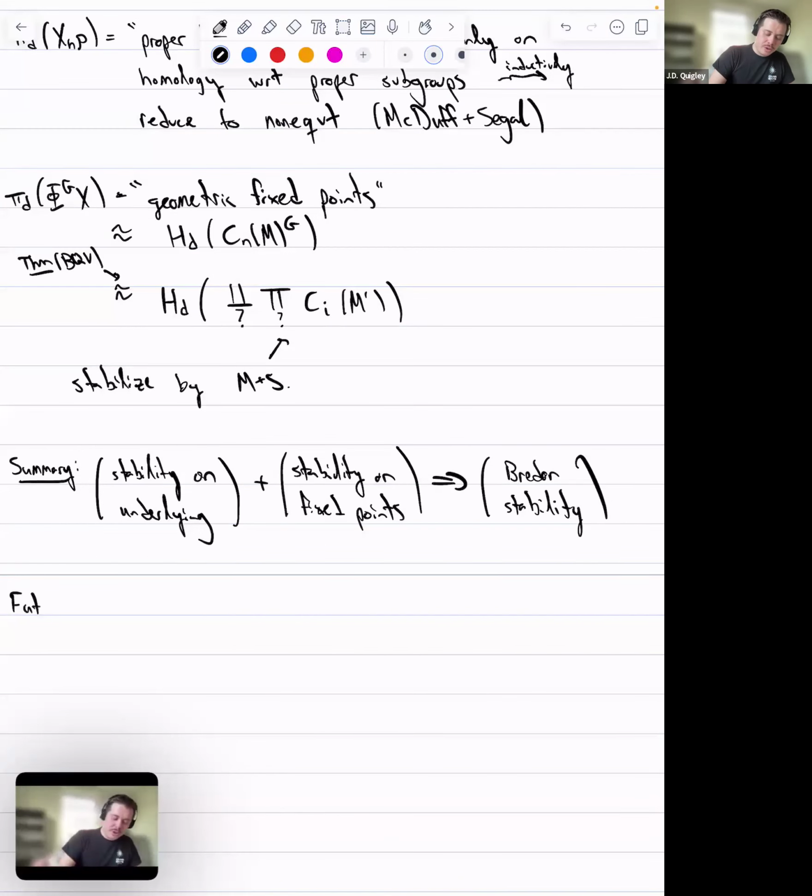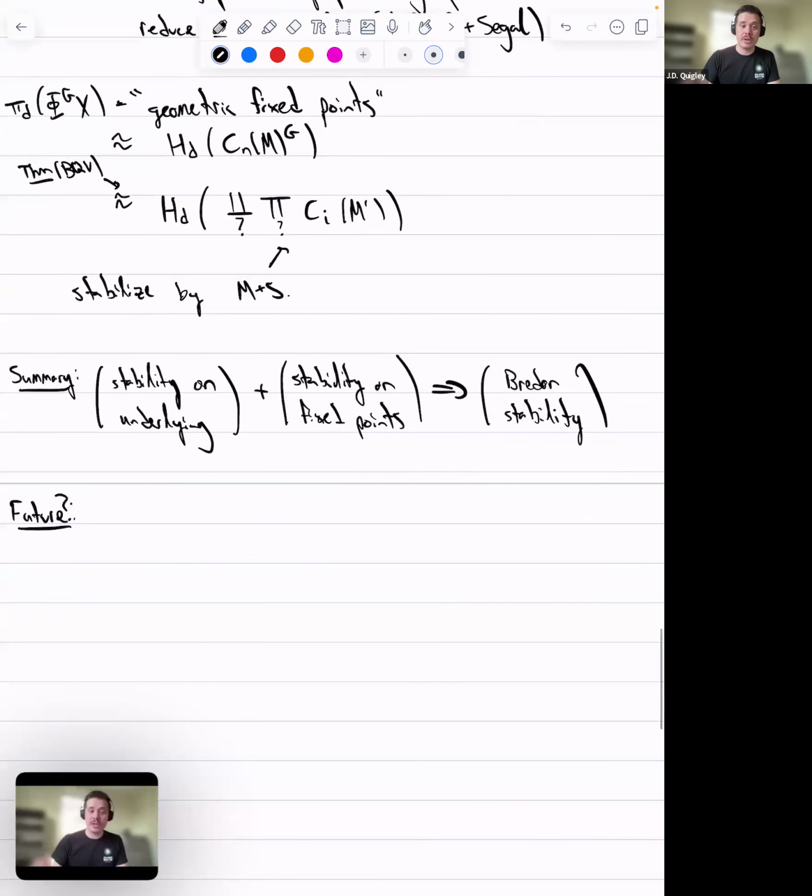So what's the future goal? Maybe I should put a question mark. One thing you could do is look at other sequences of G spaces where you know stability at the underlying level, and you can prove stability at fixed points to produce new Bredon stability results. But one possibility that I think we're all really intrigued by is to take a sequence of G spaces where there's stability at the underlying level.